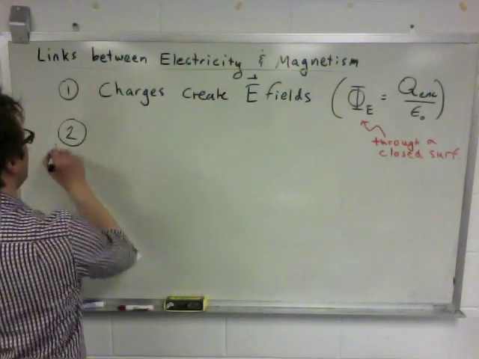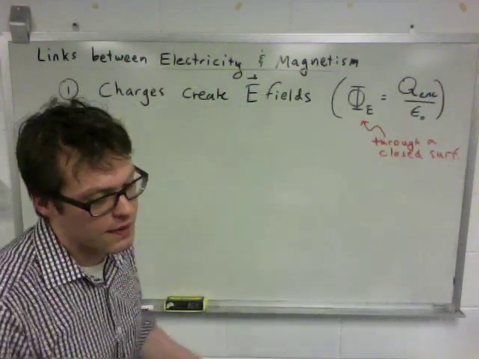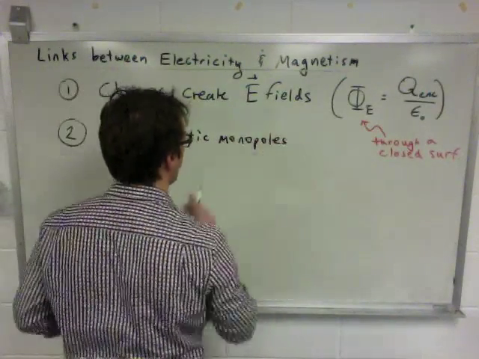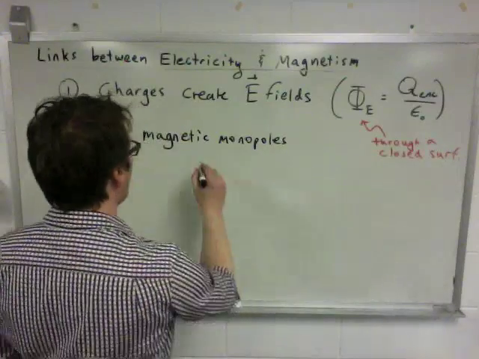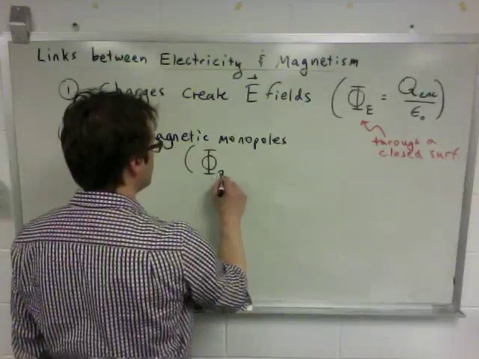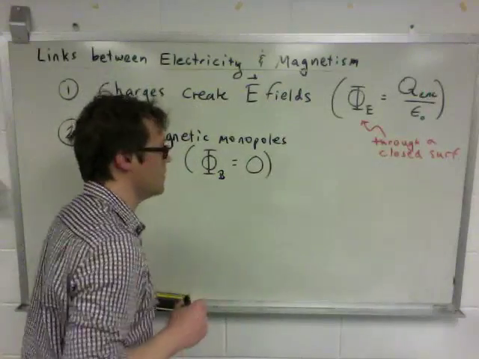Then when we turned our ear to magnetism, one of the first things we observed is that there's no such thing as a magnetic monopole. Another way of writing this expression, to say that there are no magnetic monopoles, is the same as saying that the magnetic flux through a closed surface is equal to 0.